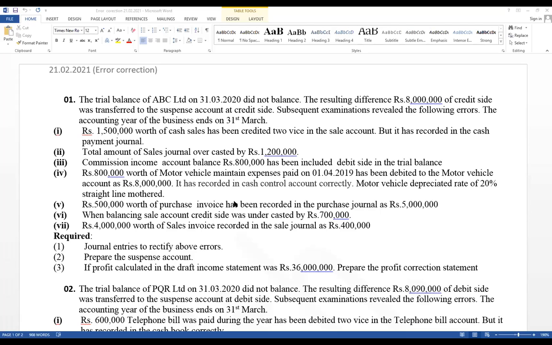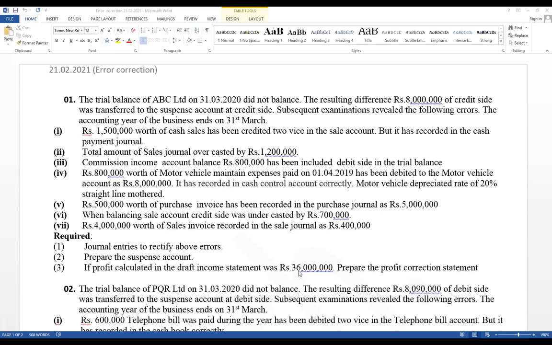Sometimes there are suspense accounts and double entry for correction of errors. Error correction should be recorded in the general journal, one of the primary books. Some errors affect suspense accounts, some errors do not affect suspense accounts. As well as there's the profit correction statement.